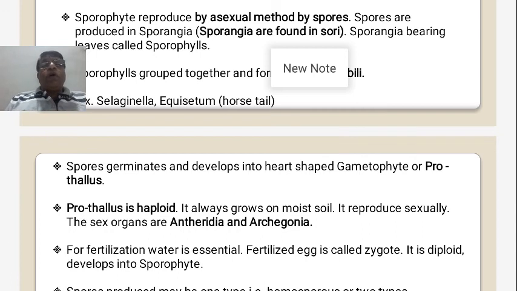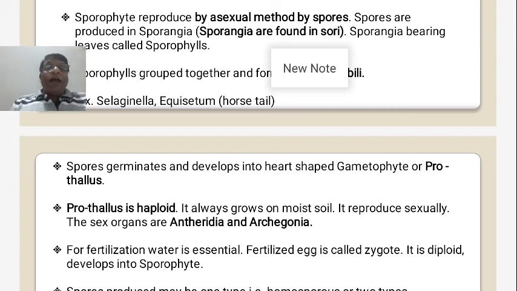It is also called prothallus. First it forms a thallus. The prothallus develops into a heart-shaped structure, gametophyte or prothallus. Okay, see the diagram also.